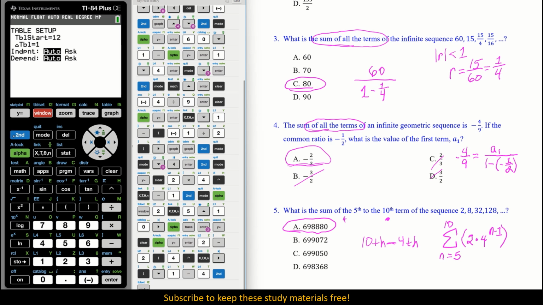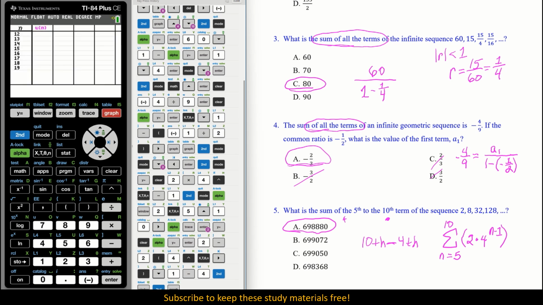Our window's okay. So let's go second graph, and I'm just going to arrow. Yep, that's what we have. Now we said we needed to do 10 minus 4. But notice this is really what we're going to have. 10 is actually 699,050, and then that is going to be minus 170.